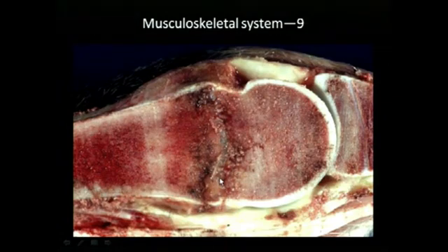The morphologic diagnosis in this case is suppurative and/or necrotizing osteomyelitis. And the cause in this case was Salmonella typhimurium. There are other causes that it could be, but that's certainly one to consider and was the actual cause in this particular case of osteomyelitis in a foal.